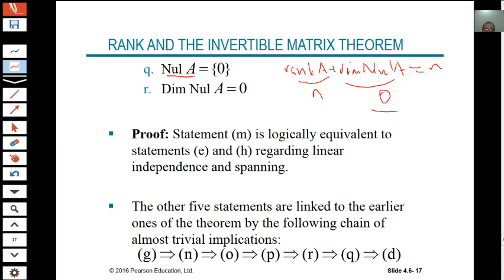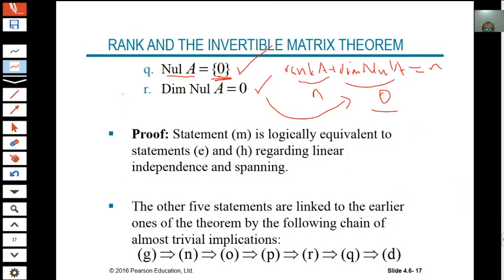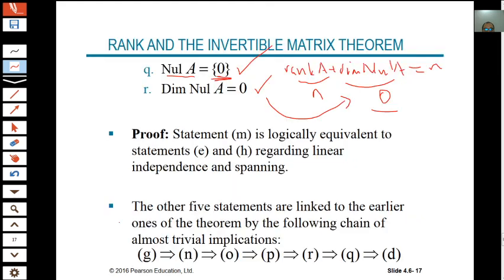Therefore the null space of A will be the zero vector space, and the dimension of the null space is equal to 0. Okay, all of them are equivalent. If you have one of them, the others are automatically satisfied.